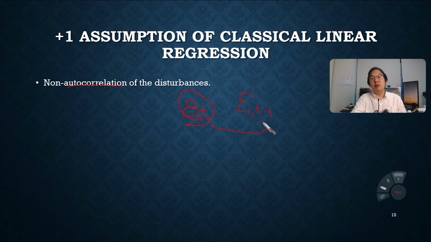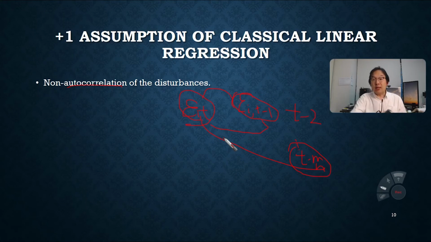Yesterday's epsilon and today's epsilon, if they are correlated, then we say they are autocorrelated. How about time t minus 2 all the way down to t minus m or n? If they are correlated, then you have an autocorrelation problem, right?